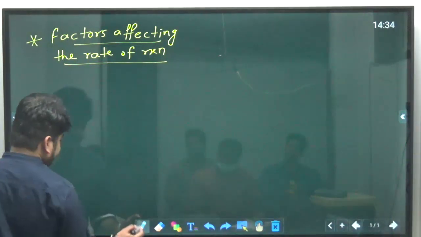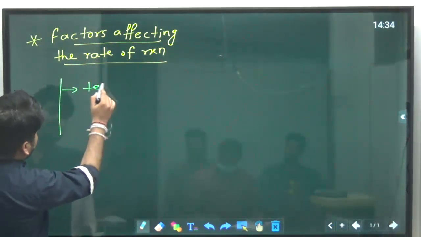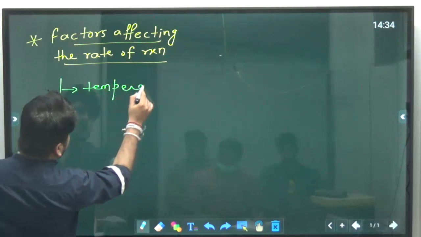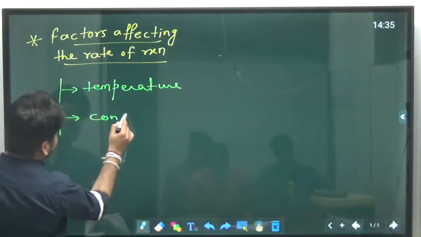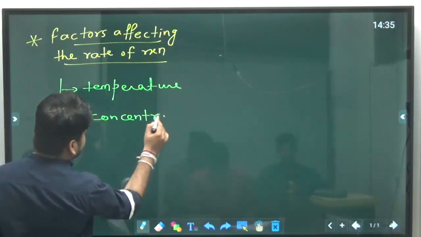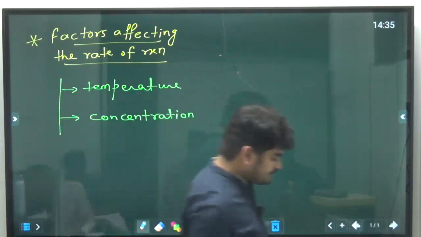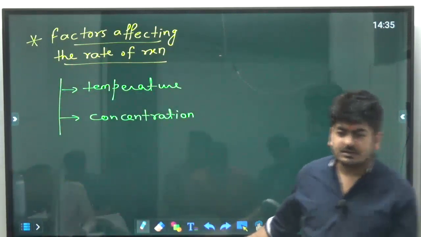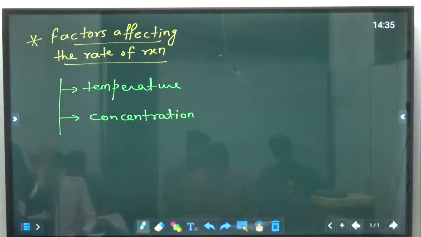For homogeneous reaction system, the factors which affect the rate of reactions are temperature and concentration. That's it. Only these are the two factors which affect the rate of reaction in homogeneous reaction system.